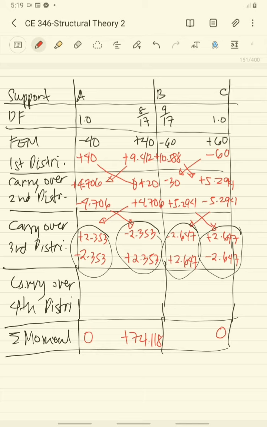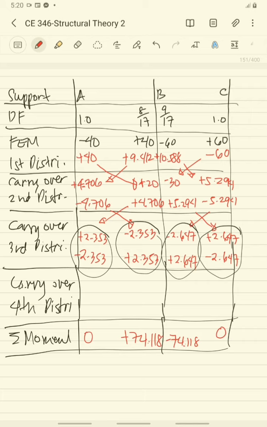Okay, it should be balanced. So the answer is 74.118. Okay, that is balanced. So you see, the moment at B is already balanced.